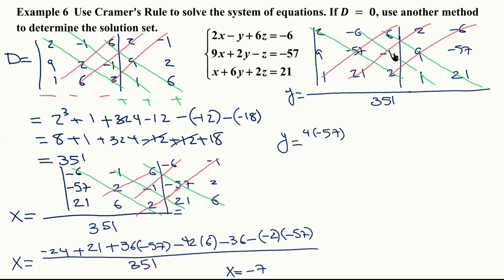Then we have negative 6 times negative 1, which is 6 times 1, which is 6, so plus 6. Then we have plus 6 times 9 times 21, so plus 54 times 21. Now, if your times table is a little rusty, then just write 6 times 9 times 21, okay? Don't need to try to do too much in your head. All right, and now we're ready to subtract. So the red group, so minus 6 times negative 57 times 1.